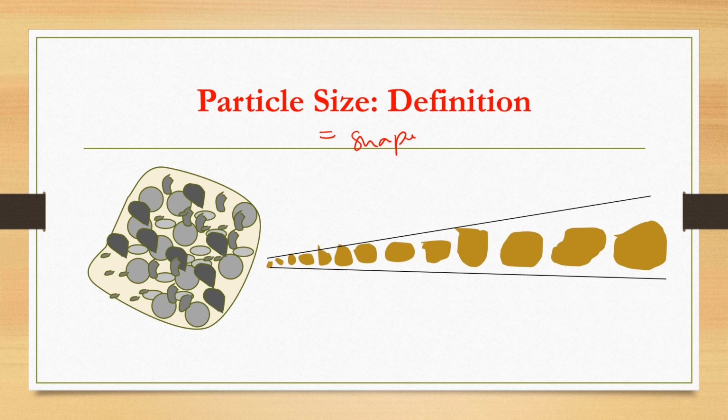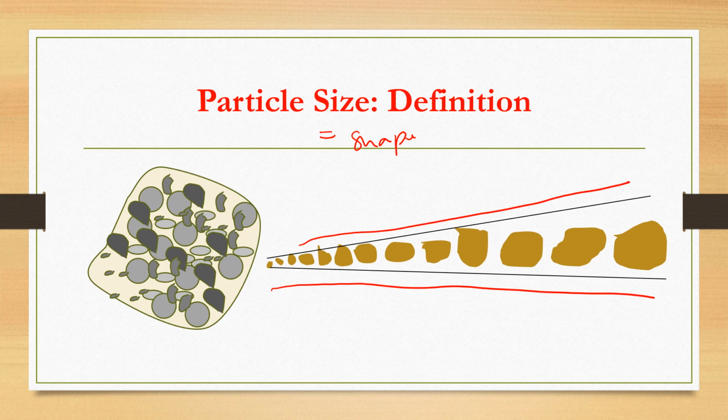Different size of grain ranging from small to big, and different size grains subject the soil to different properties. As geotechnical engineers, the size of particles for each soil is very important prior to deciding a suitable foundation, especially for a big structure.